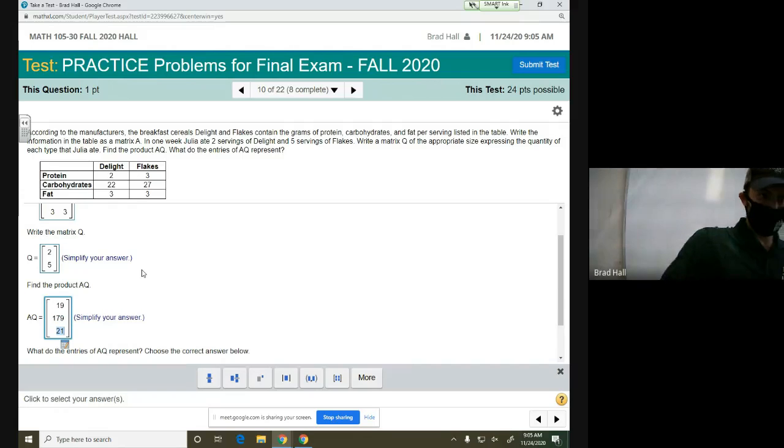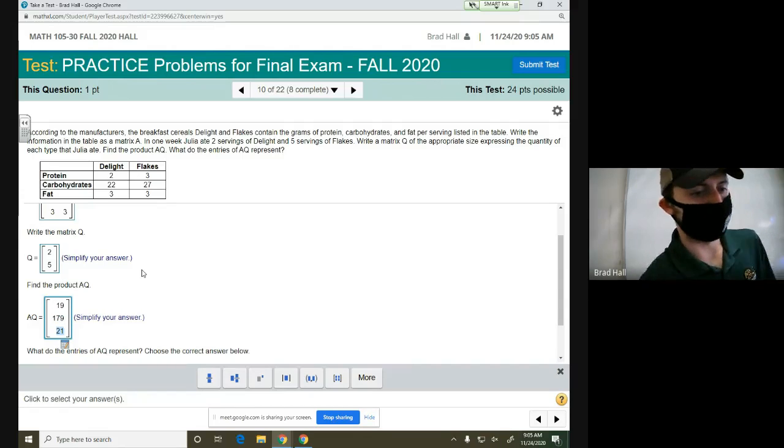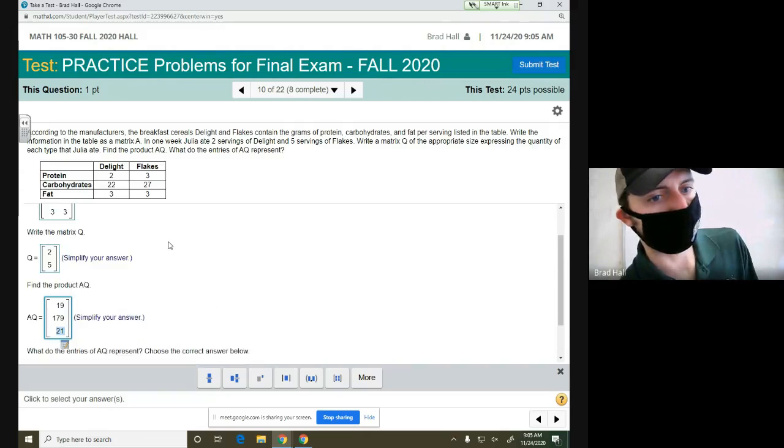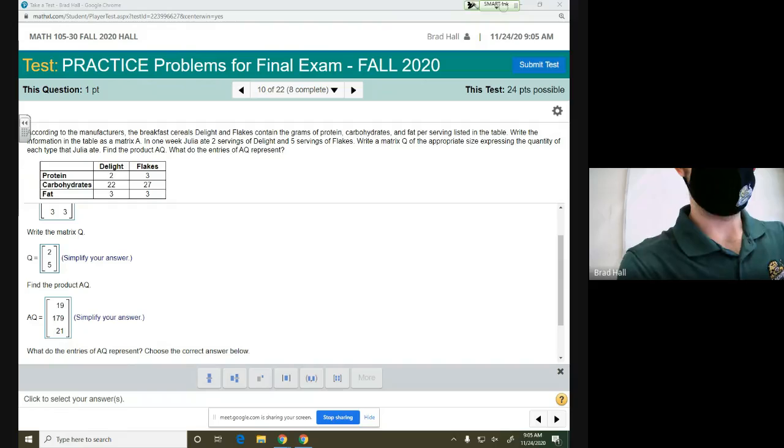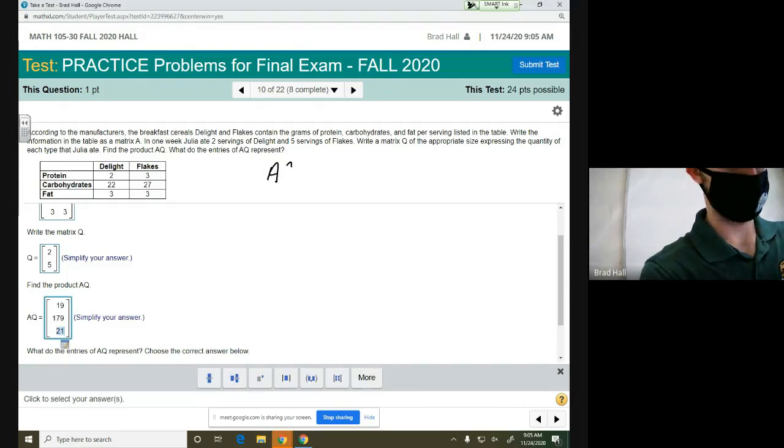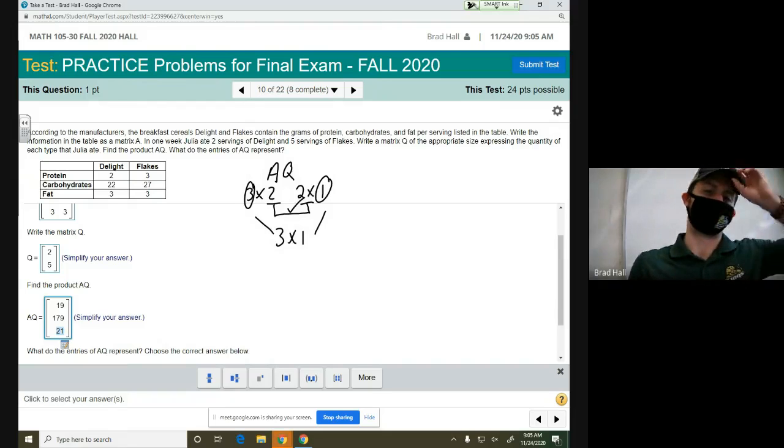Cool. So if you multiply everything correctly, you should get a 3 by 1 matrix, it seems like. We can always confirm this. The matrix A was 3 by 2. The matrix Q is 2 by 1. The inner ones match, and the outer ones tell us that the final dimension should be 3 by 1.